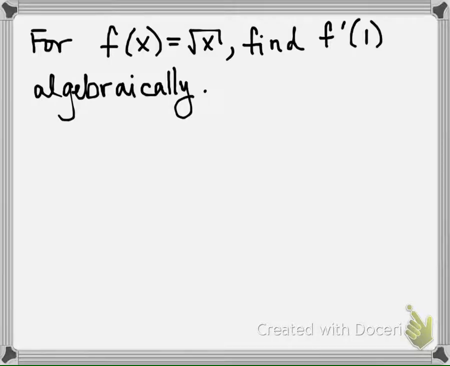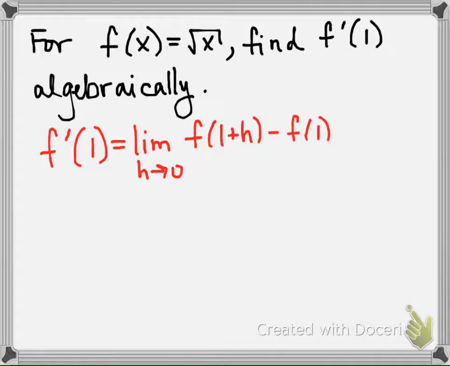All right, so I think I'm out of order, but no big deal. One of the questions is, for f of x equals square root of x, find f prime of 1 algebraically. So let's go ahead and write down our limit definition. f prime of 1 is the limit as h goes to 0 of f of 1 plus h minus f of 1 over h.